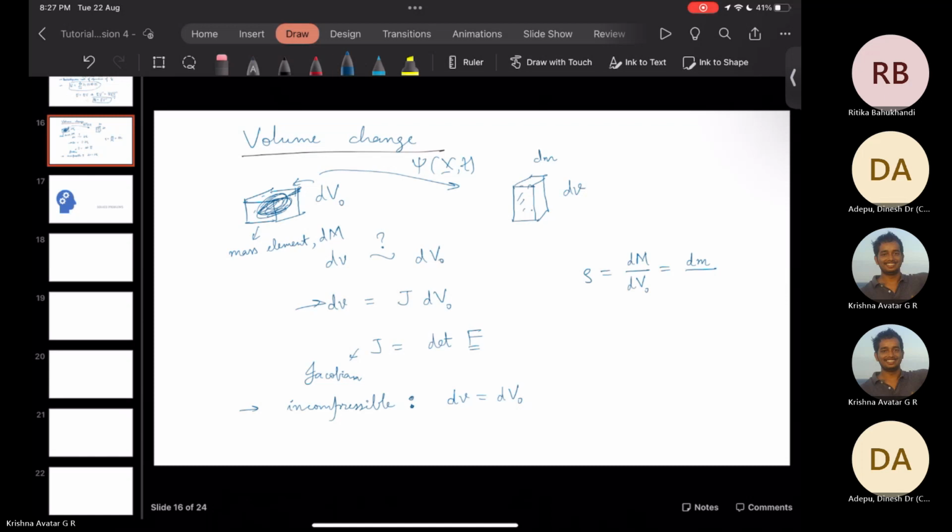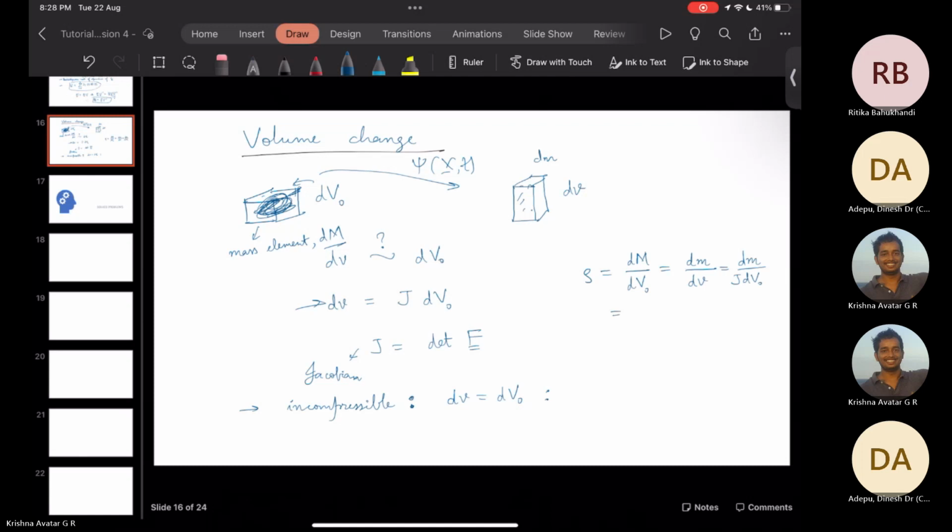So when it was dm in the reference configuration, even after deformation, that mass element has the same mass. However, the volume is getting changed, say dV. And now for incompressible flow, we can write this as dm by V, nothing but J into dV naught.